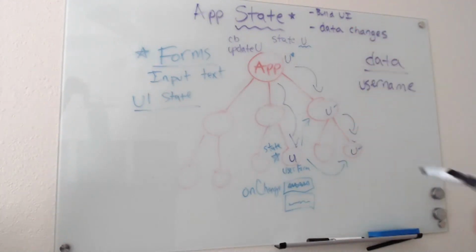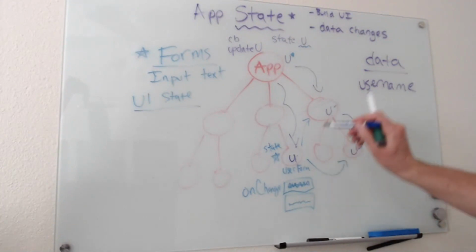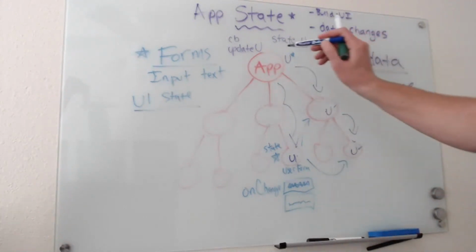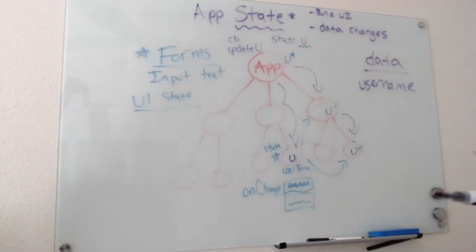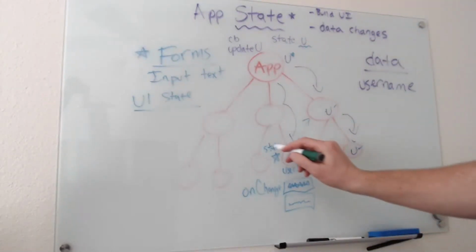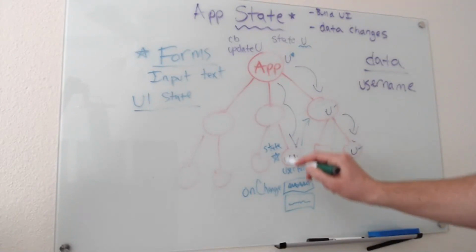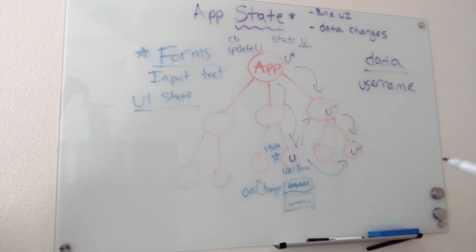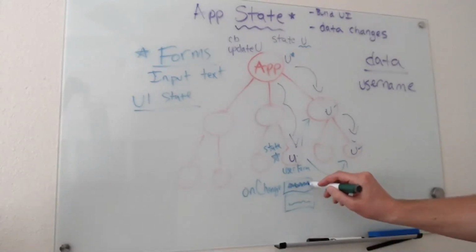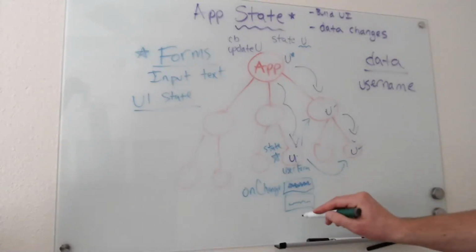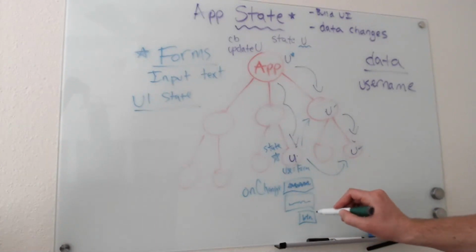What it displays here, here, and here is managed by the state up here in app. The text in the input is managed by the state here in this component. Once our user types in their new username and they're satisfied with it, they've got a button here that they're going to click on.